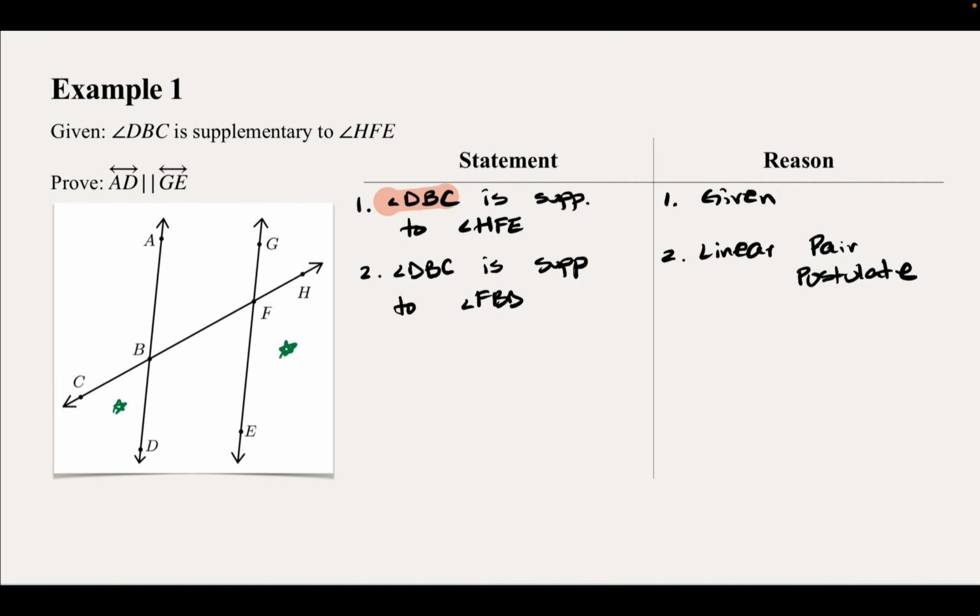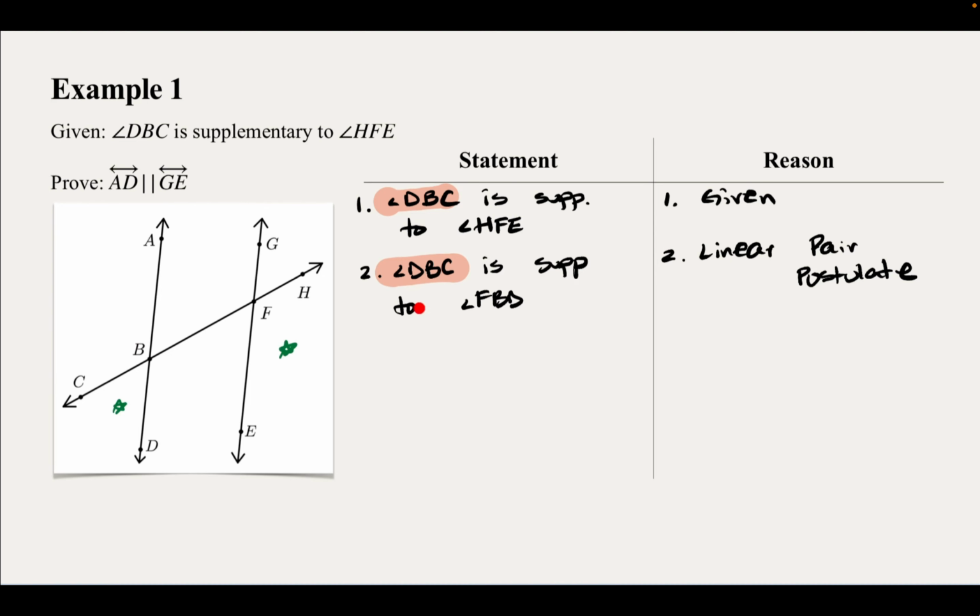Why did I do that? Because I knew angle DBC and HFE. I had those angles in my given statement, so I wanted to make my next step correspond with that. I wanted to have one of the angles in my next step match up with one of the angles in step one. And I got that by using angle DBC. So angle DBC is supplementary to angle HFE, and it's supplementary to angle FBD.